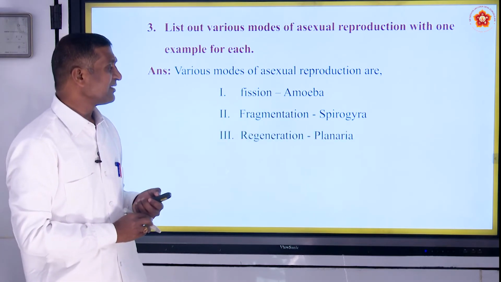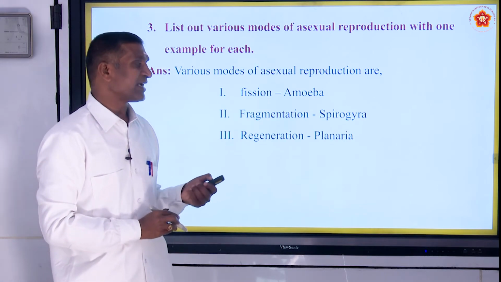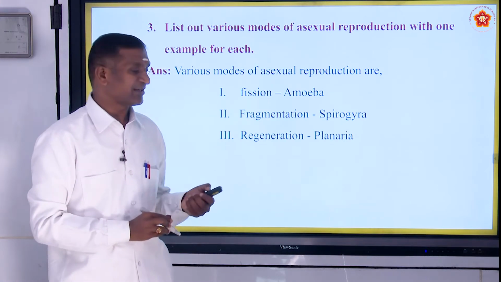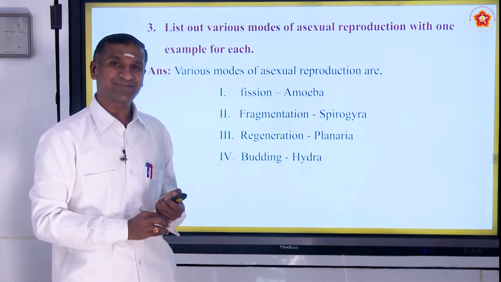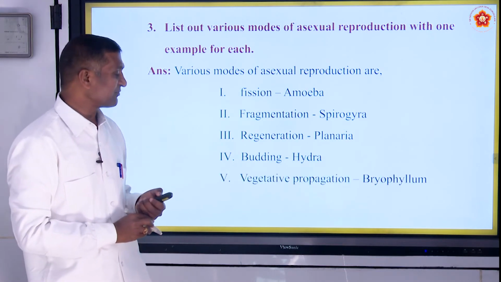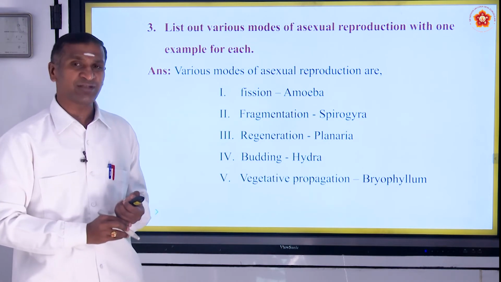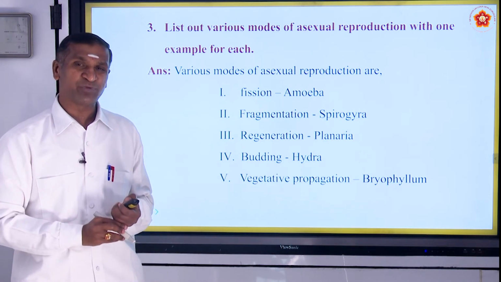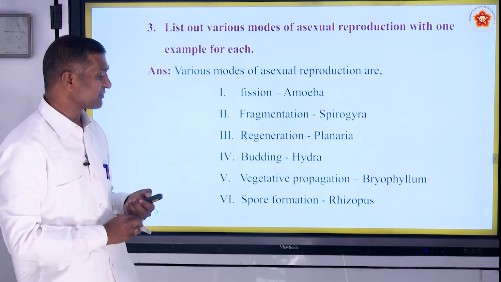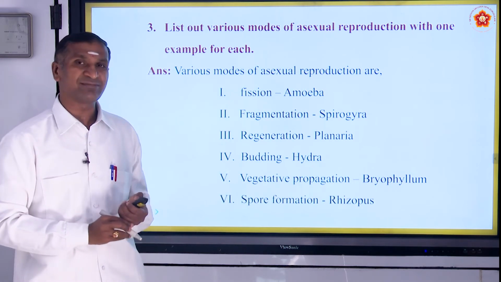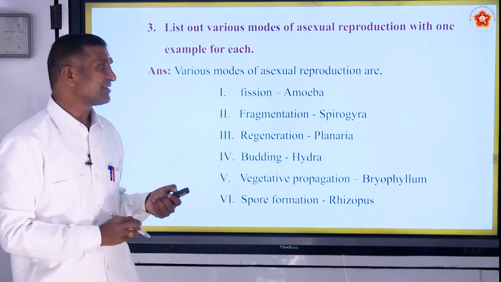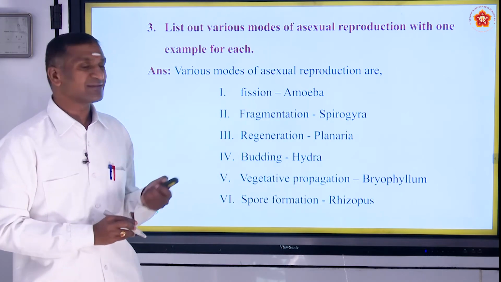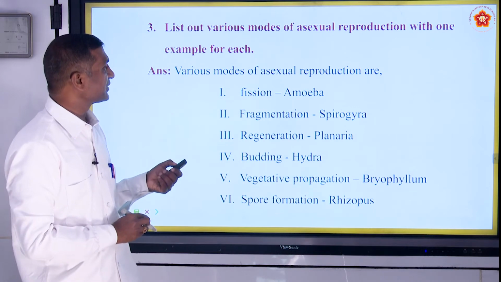The third one, regeneration, and the example is planaria. The fourth one, budding, and the example is hydra. The fifth one, vegetative propagation, the example is bryophyllum. The sixth one, spore formation, rhizopus. Almost all have written the correct answer for this third question.